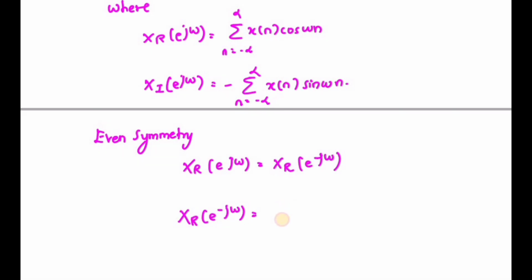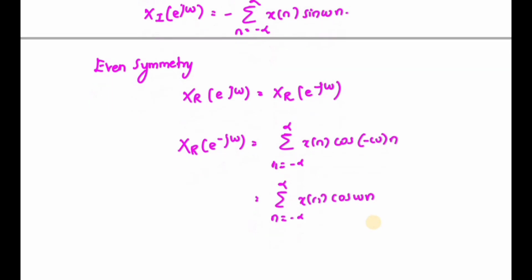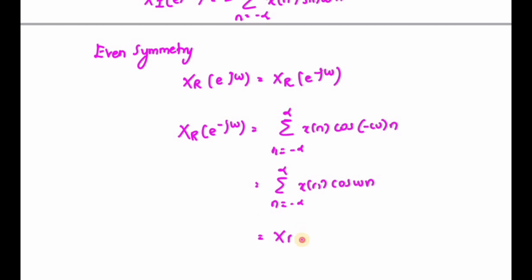That is equal to summation n equal to minus infinity to infinity x of n, and for minus omega you have to substitute here, cos of minus omega n. Cos of minus omega is cos omega only. So that is equal to summation x of n cos omega n, which is equal to XR of e power j omega. So this is about even symmetry.